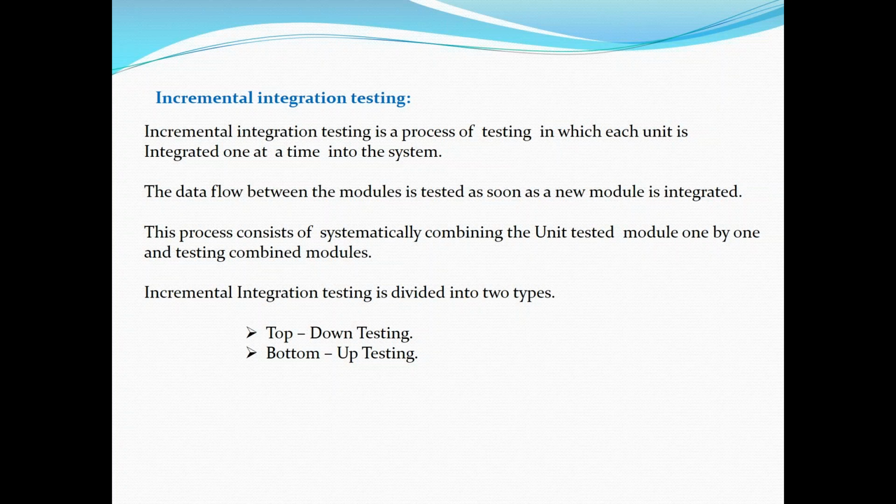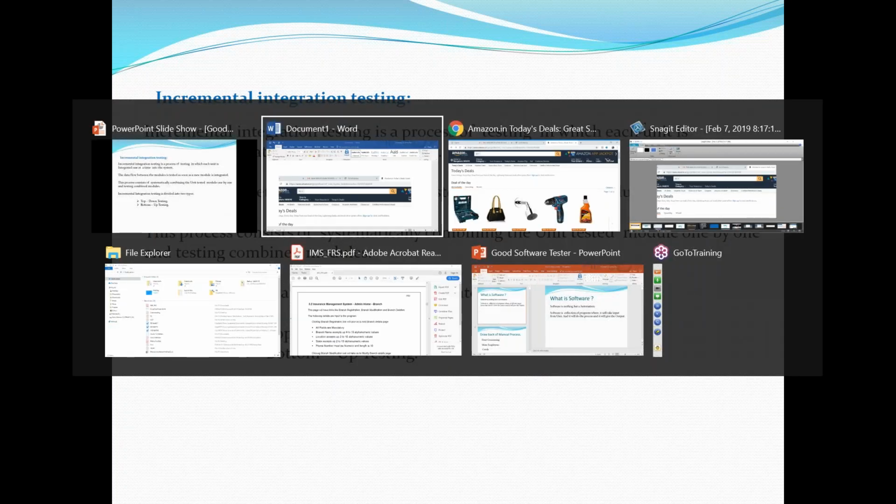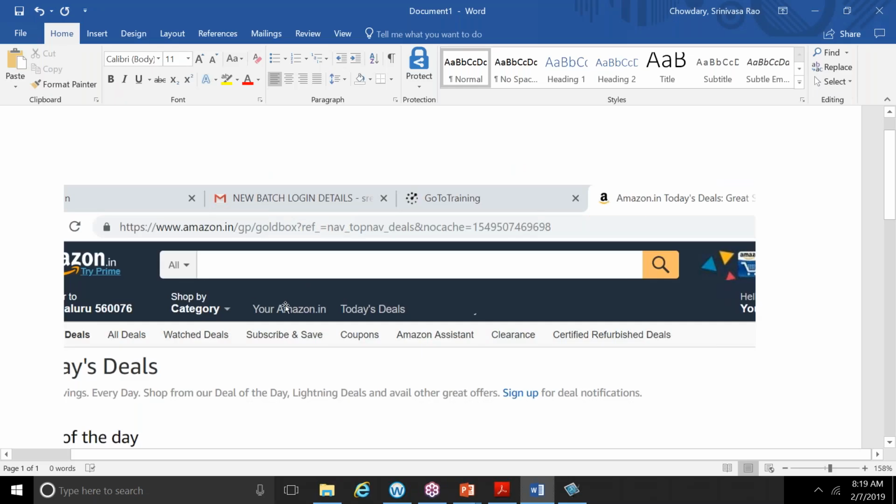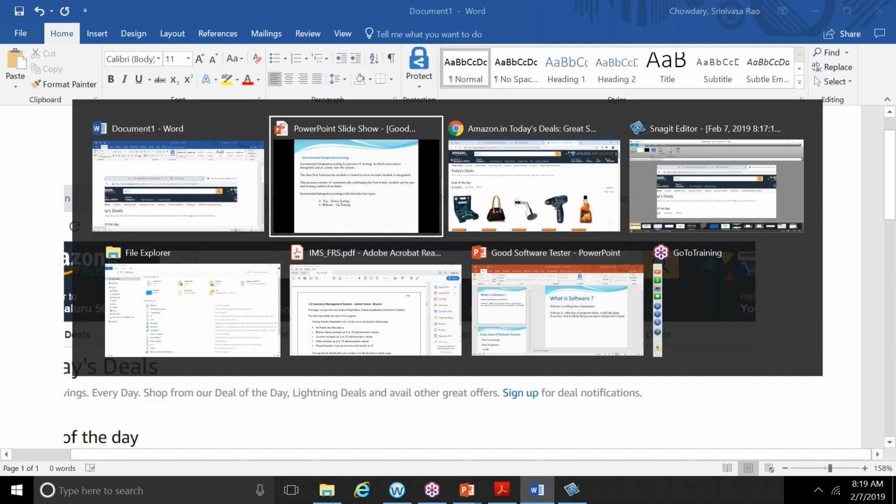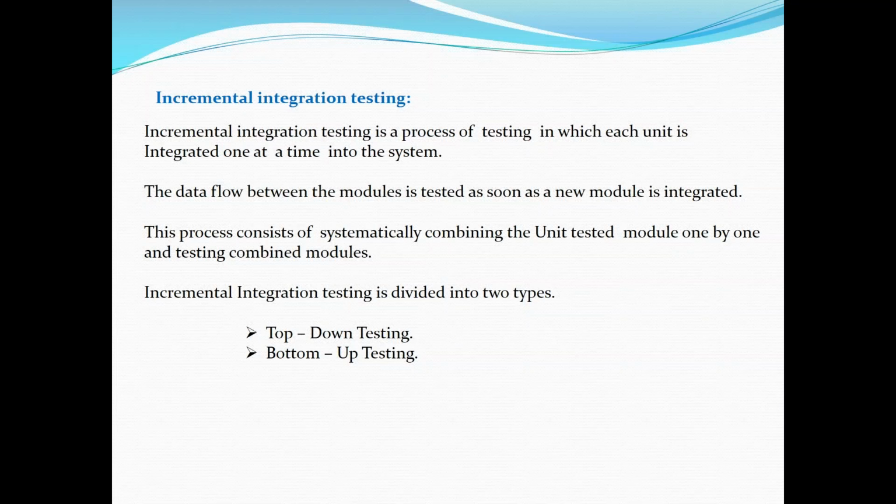Suppose one more module is added, then you need to check that integration between all these three modules is working properly. So whenever any new module is added, you need to check the integration.